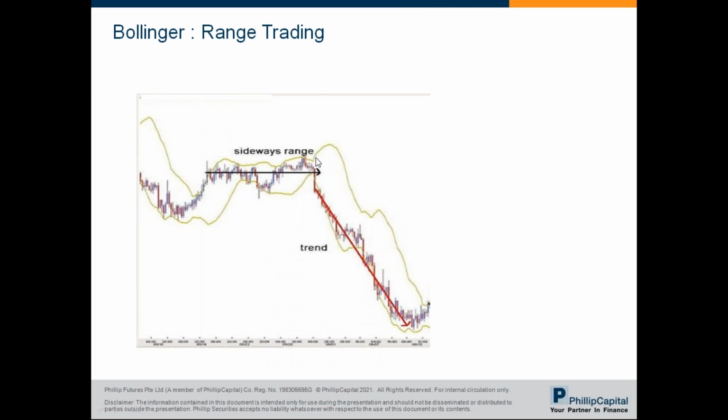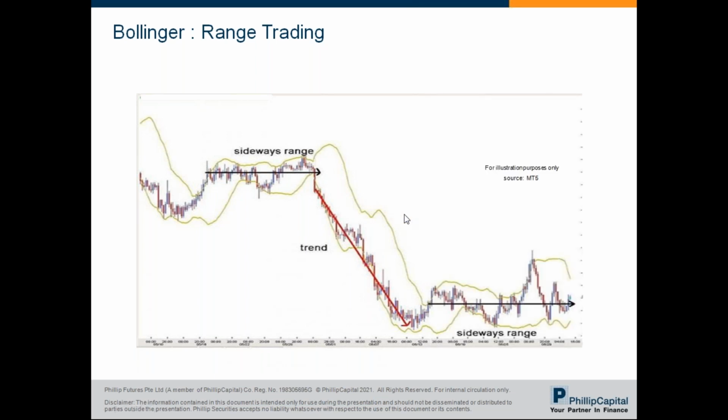So from sideways markets to trending, and then the market turns sideways again. You can see that again, the Bollinger Band performed very remarkably well because it highlights to traders the volatility of the market. Initially when there's a small downtrend, the Bollinger Band is volatile.